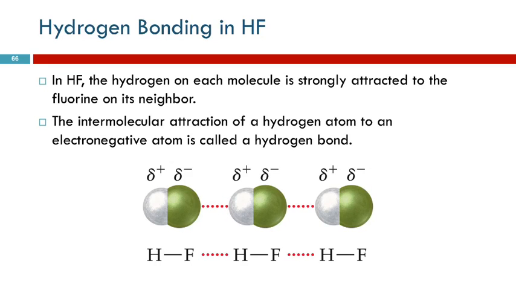This force of attraction is not as strong as an ionic bond because these are partial charges. This isn't -1 and +1. It's partial. But with hydrogen and fluorine combination, it's larger than it would be with hydrogen and sulfur or something, because fluorine is more electronegative. So these guys are strongly attracted to each other. That's the hydrogen bond.